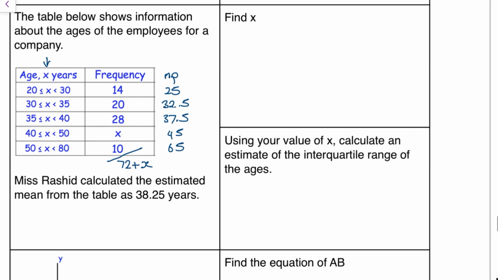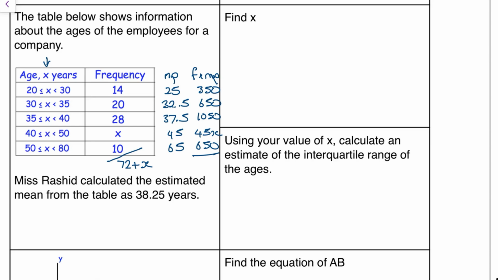Now, I need also the frequency times the midpoints. So again, calculator out. 14 times 25, 350. Next one is going to be 650. Don't need a calculator for that. 28 times 37.5 is 1050. That's 45x, just to be really annoying. And that is 650.